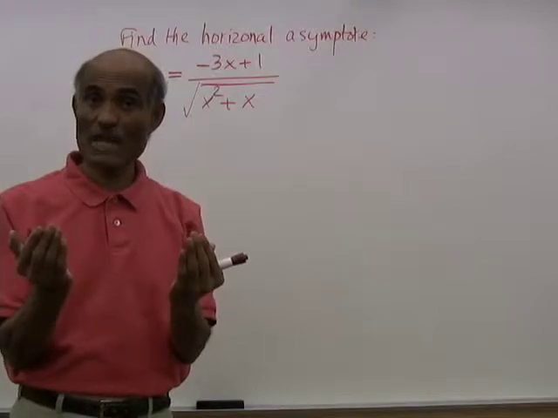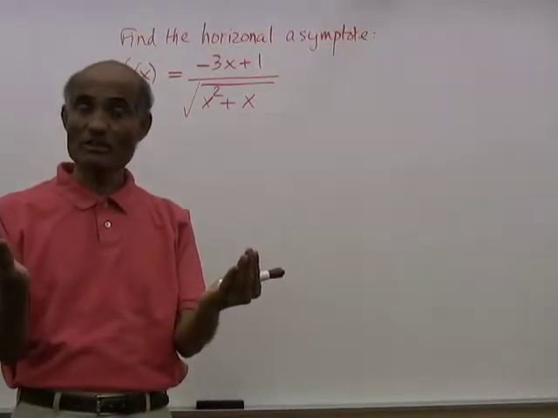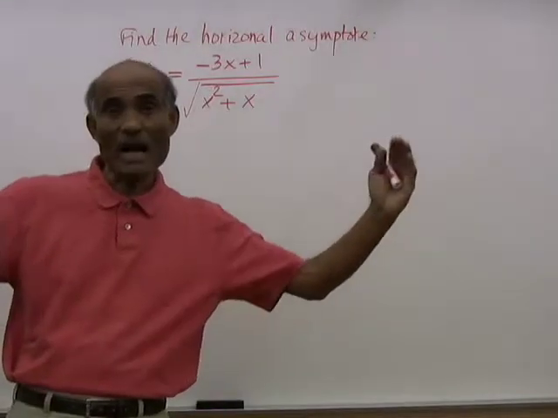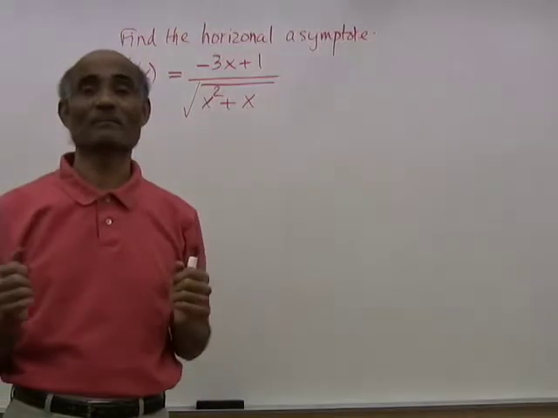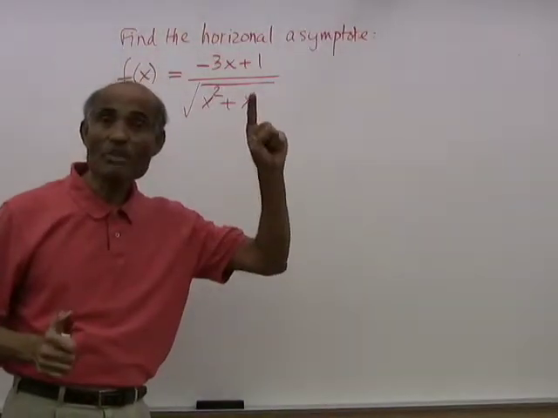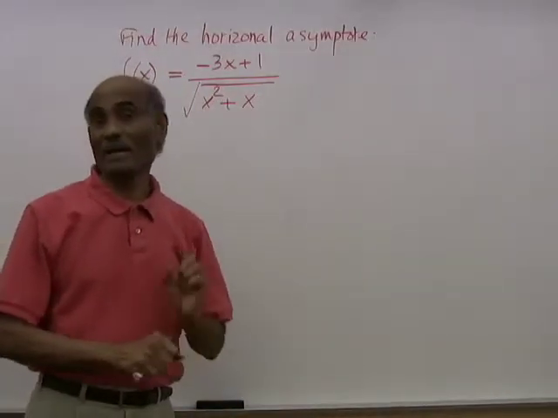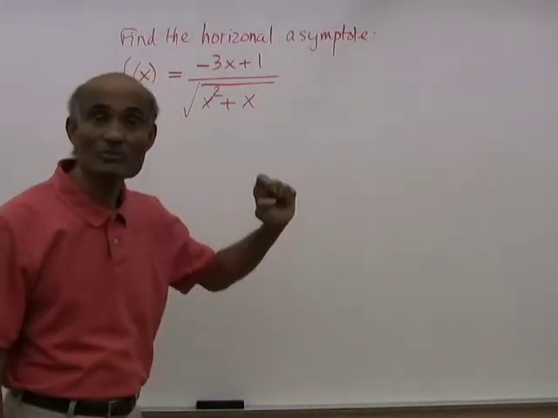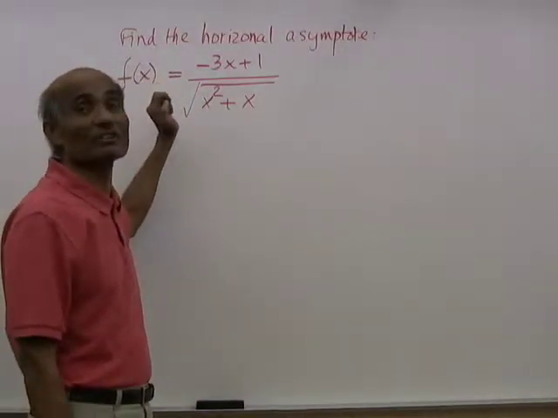Well, horizontal asymptote is the behavior of the function when x goes either to negative infinity or positive infinity. And we said if the degree of the numerator is equal to the degree of the denominator, then the horizontal asymptote will be the ratio of the leading coefficients.